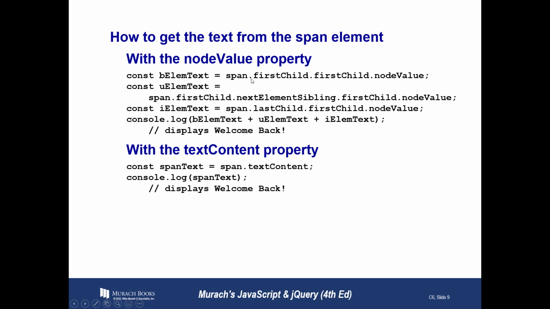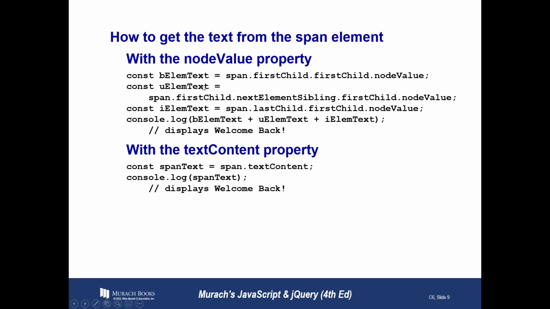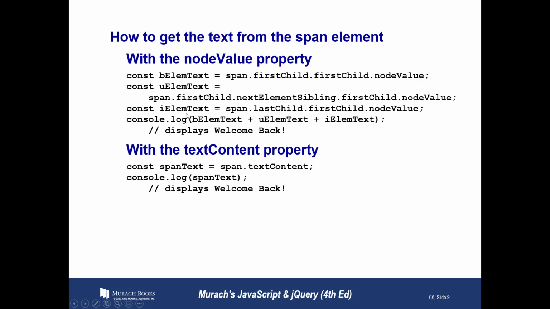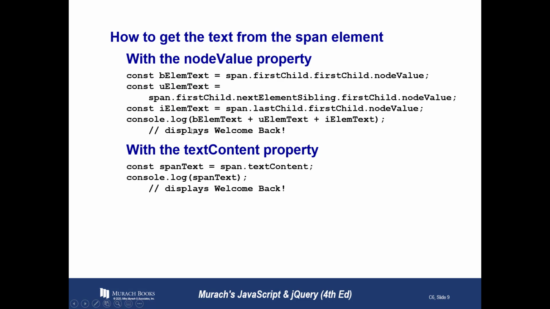So we're saying span.firstChild nodeValue. What is that? That's the word welcome. Here, what is this? It's whatever is in the underline. It is back. And this last one is the exclamation point. So when you put them all together, that's what you get.